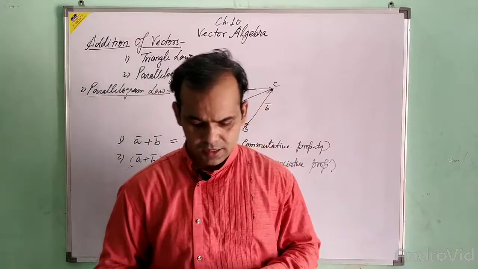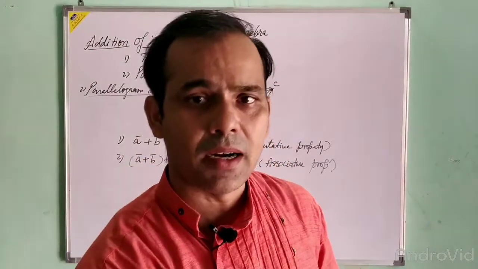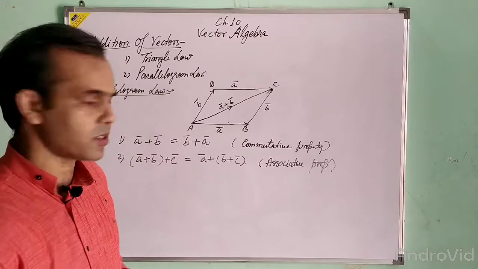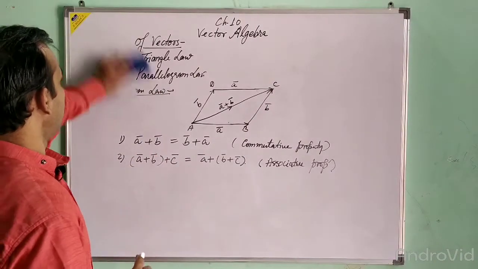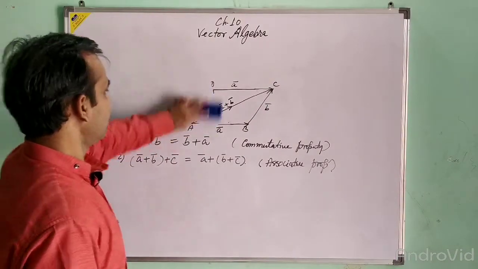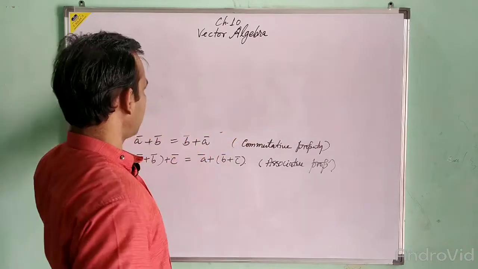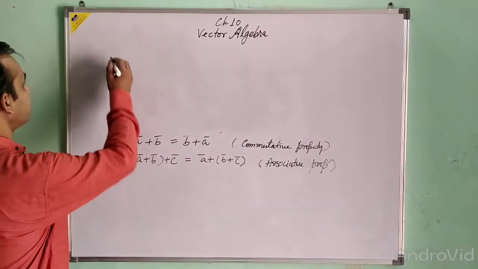Now let's discuss how a vector can be multiplied by a scalar, that is, multiplication of a vector by a scalar. What would happen then?